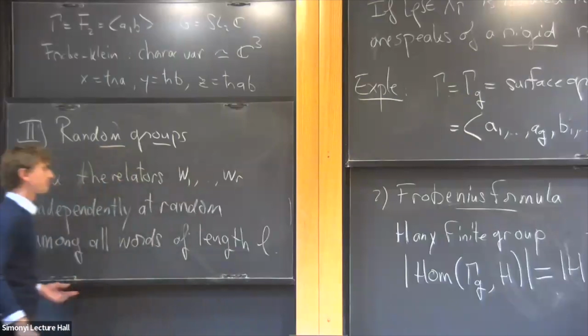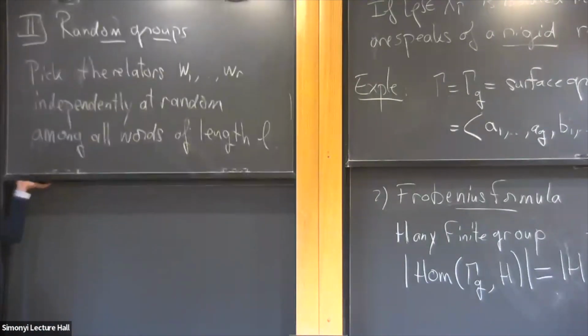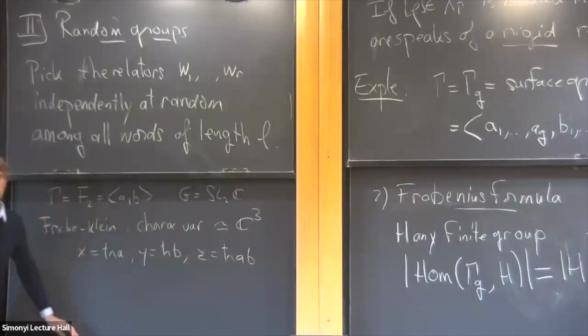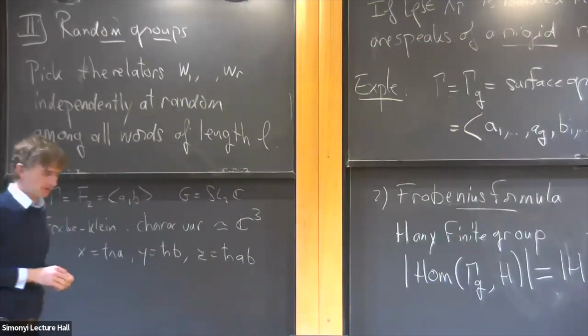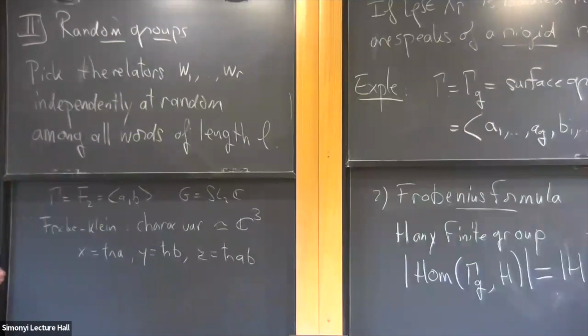And what did they do? They did it by hand, but can you say a bit more? They reduce mod p, and they had a slightly better understanding of the geometry.